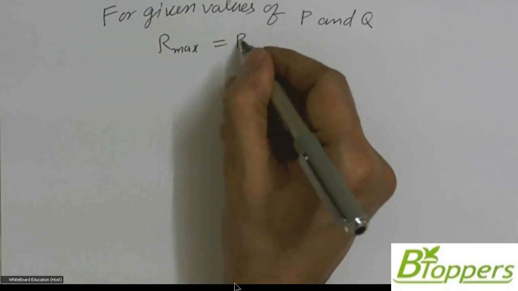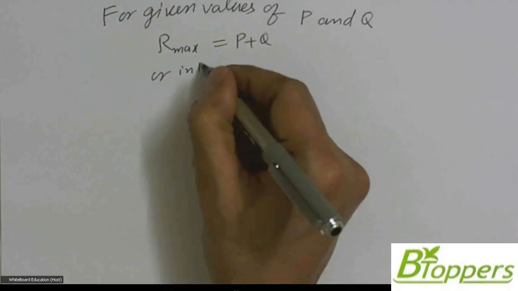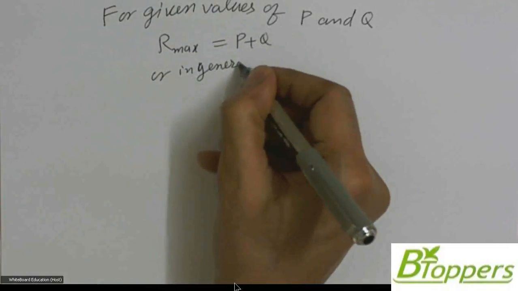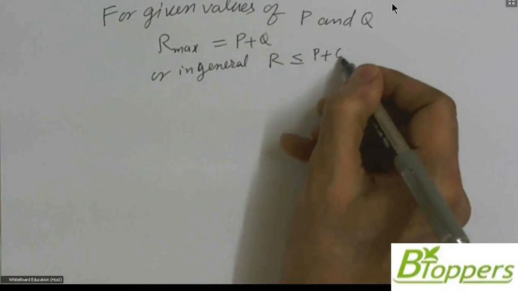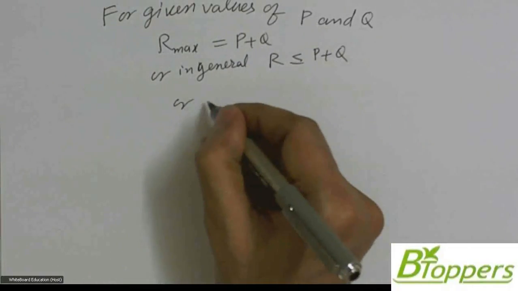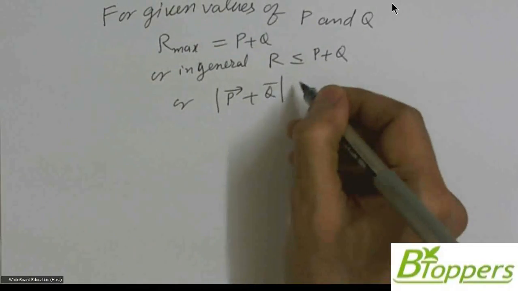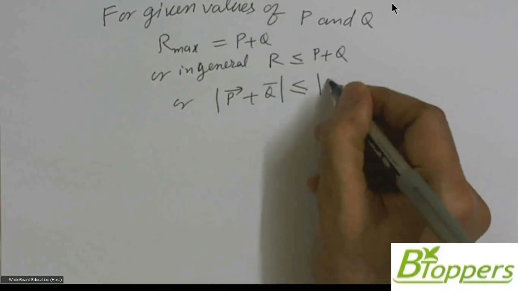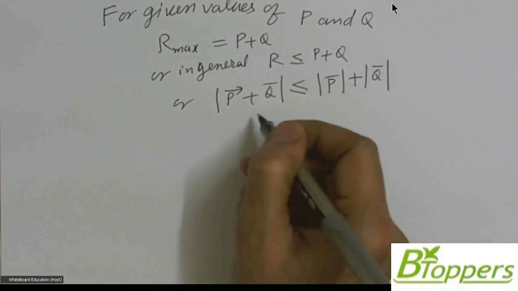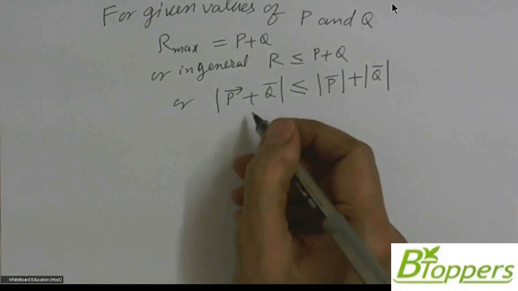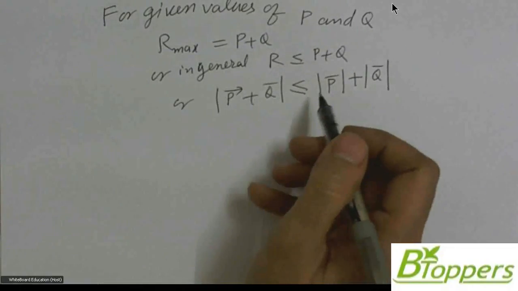That means R maximum equal to P plus Q. Or in general, we can write R is less than or equal to P plus Q. Or you can say magnitude of the vector sum of P bar and Q bar is less than or equal to magnitude of P bar plus magnitude of Q bar. So the magnitude of the resultant cannot be greater than P plus Q, the value of R.